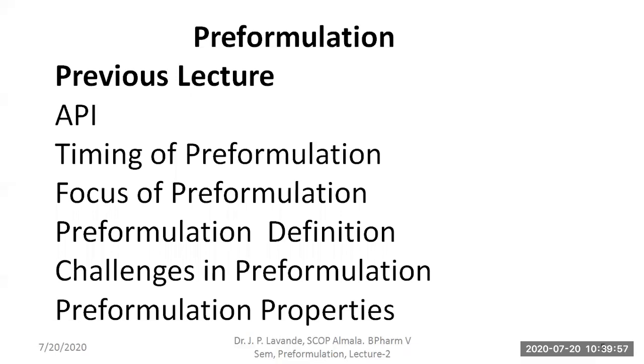We saw the different times when pre-formulation is required, the focus of pre-formulation, and the definition of pre-formulation. Then we saw the different challenges in the stages of pre-formulation and the different properties that need to be studied, like the physical properties, chemical properties, and the BCS, the biopharmaceutical classification system.